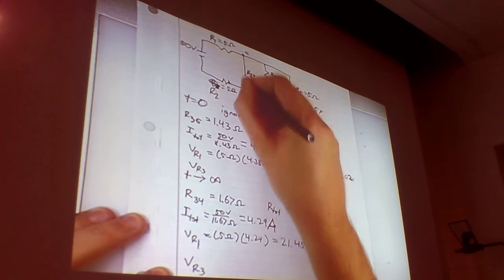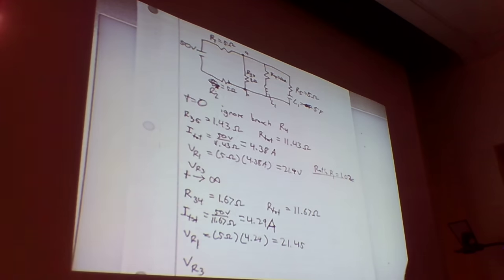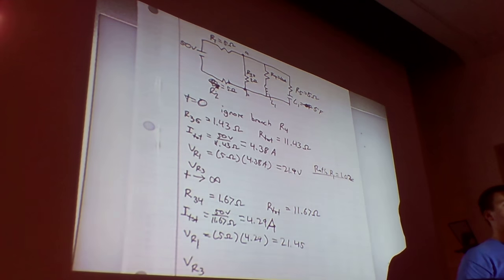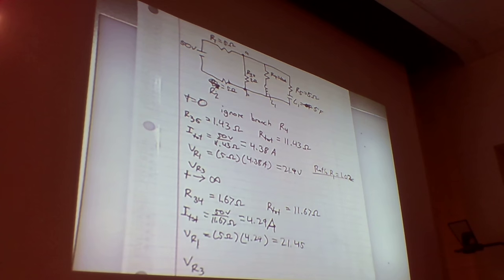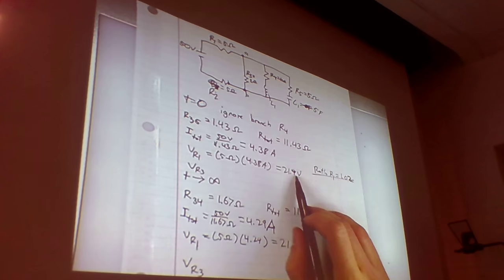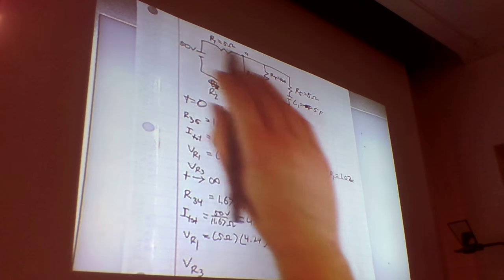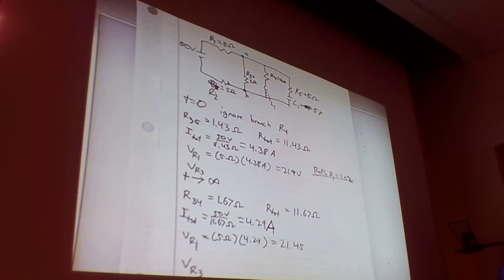So here's A, here's B, and that will give you the voltage drop across R3. We already found that 21.9 volts has been lost across R1. So 50 minus 21.9 is 28.1.